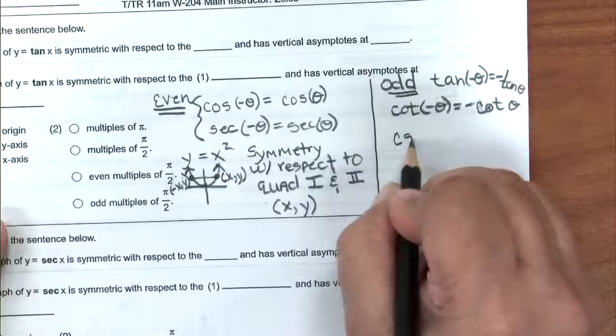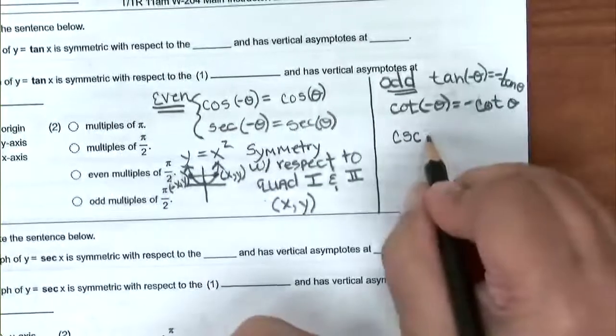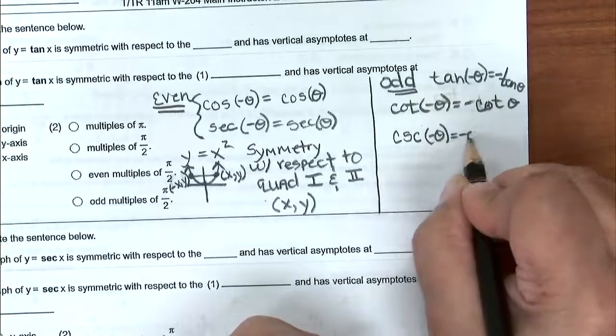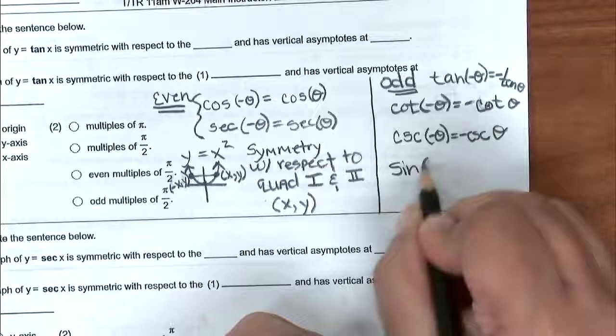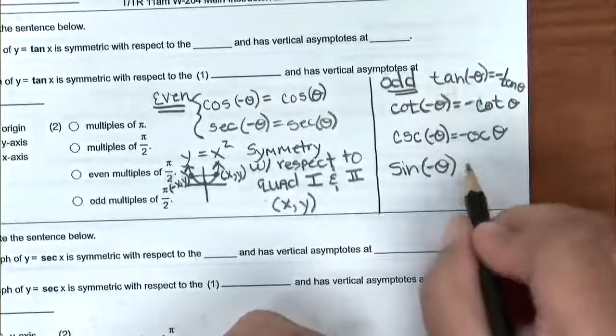Cosecant, because cosecant has to do with sine. Sine is odd. Cosecant's another one. And sine. So almost all of them except cosine and secant.